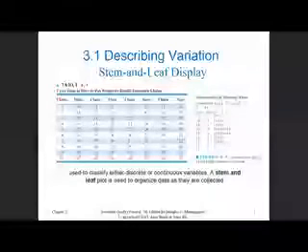Stem and Leaf, as it says here in the slide, is used to classify either discrete or continuous variables. A stem and leaf plot is used to organize data as they are collected. This is the stem and leaf representation here on the right side of the slide. It shows the leaf.